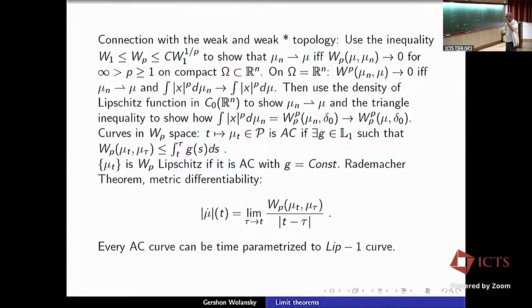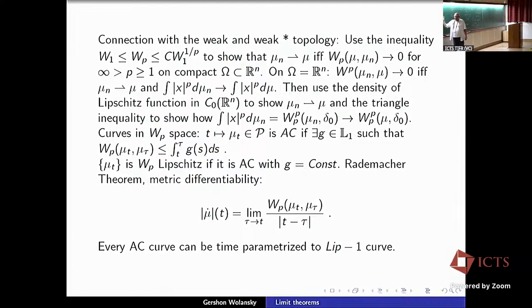By the way, I forgot to mention a remark: this Wasserstein distance between measures is of course much weaker than convergence in total variation. We know that we can define a total variation metric between probability measures.